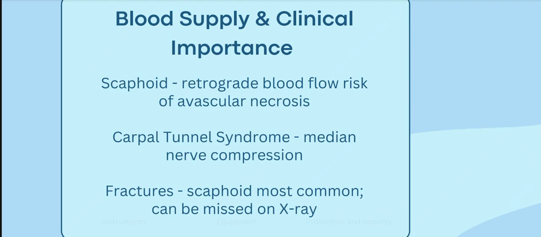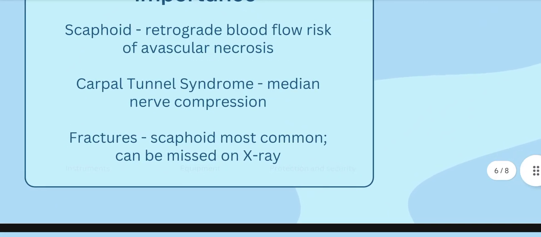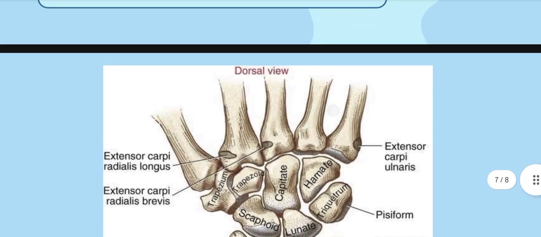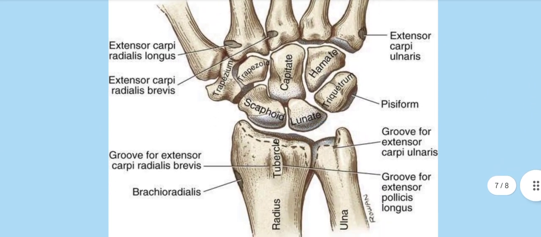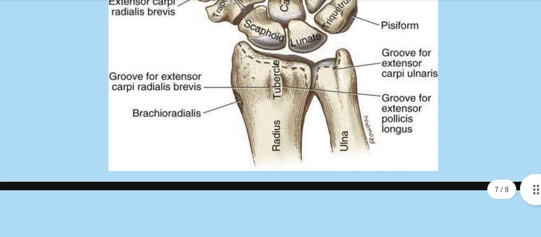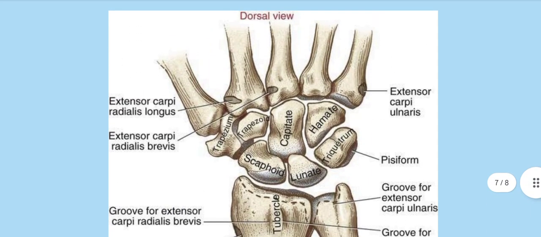Then carpal tunnel syndrome, median nerve compression. Then fractures: scaphoid is the most common and can be missed on X-ray. Then we have the diagram, where you can see scaphoid, lunate, triquetrum, pisiform, trapezium, trapezoid, capitate, hamate, all the 8 bones, and also the radius, ulna, and all the metacarpal bones.